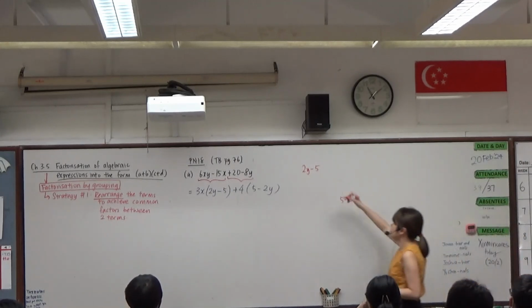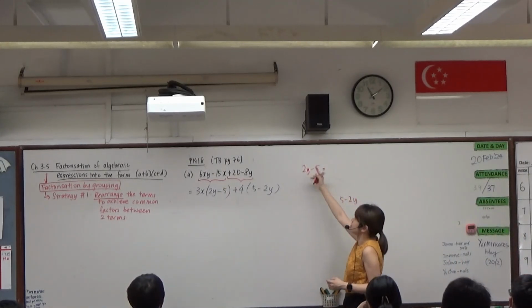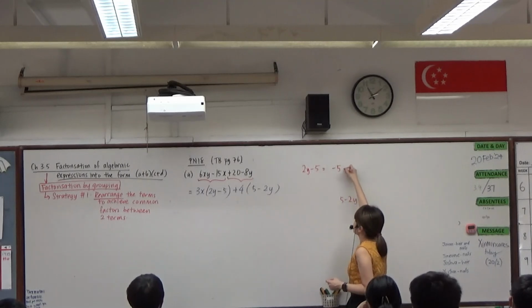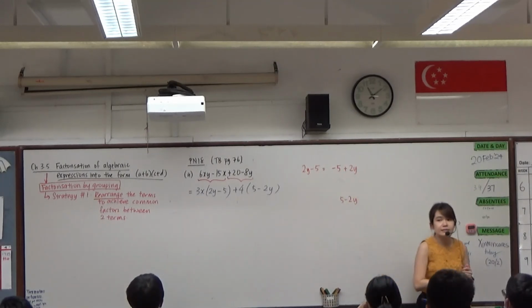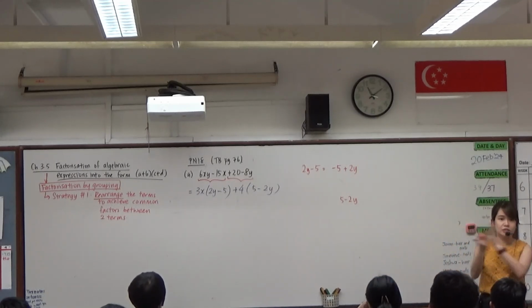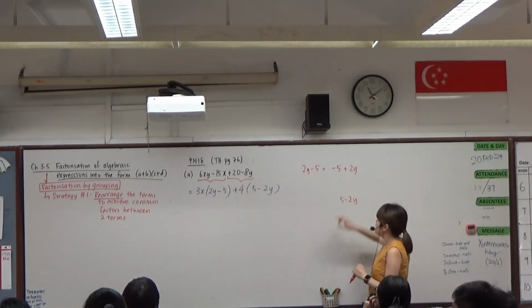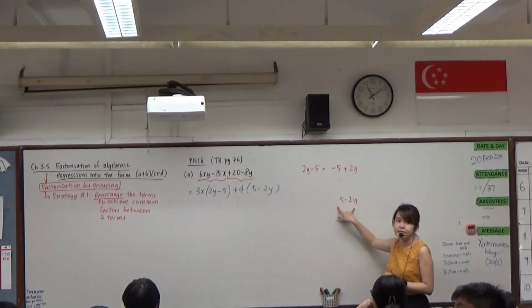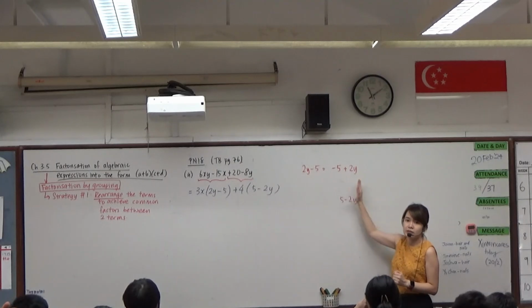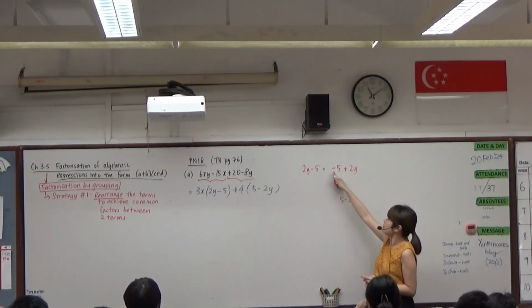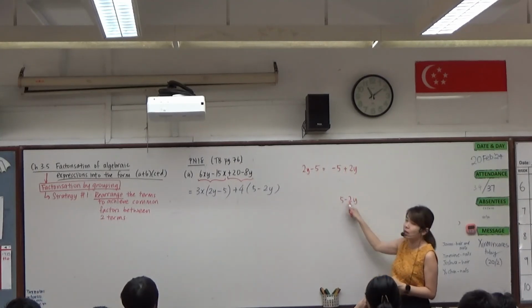If I were to reorder this part into negative 5 plus 2y, this and this, we agree they are the same, they are equal, right? I just change the order only. But this and this here, they are different. They are not the same, but the alignment is somewhat there. There's just this negative sign over here and then down to positive sign, different from what we have here.